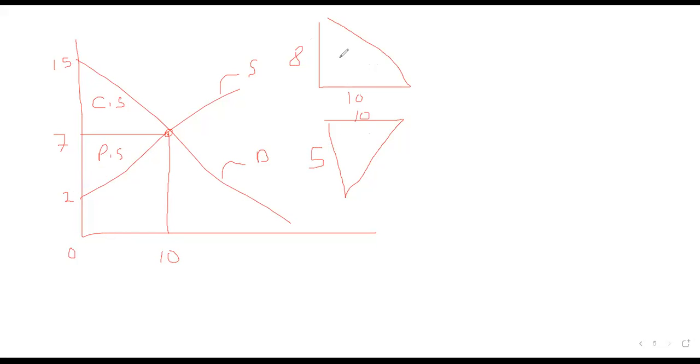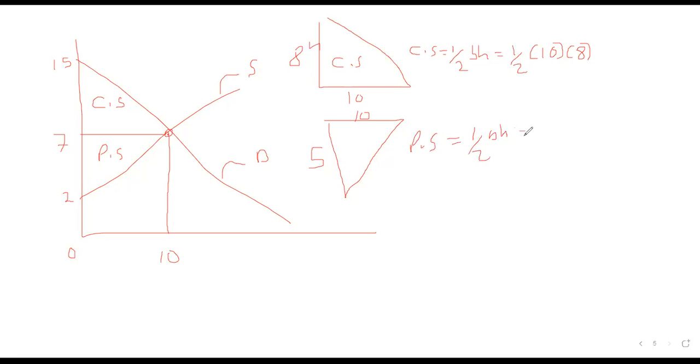And the same base they're sharing is what? The 10. So the consumer surplus is given by half base times height. So our base is 10, and our height, from here to here, is 8. And the producer surplus, the base is being shared, it's the same, half BH.